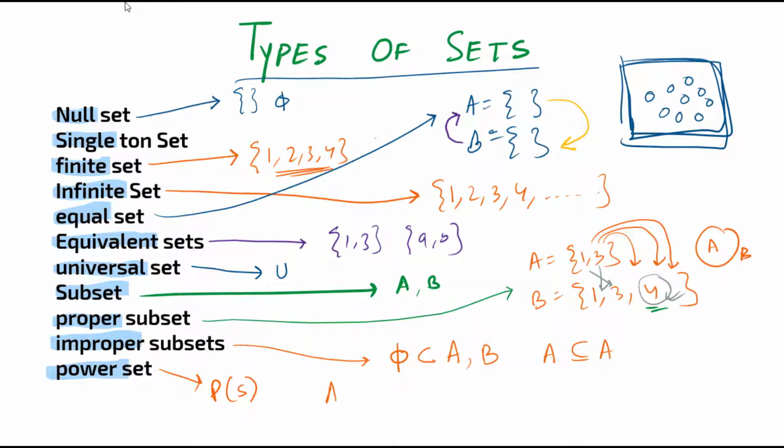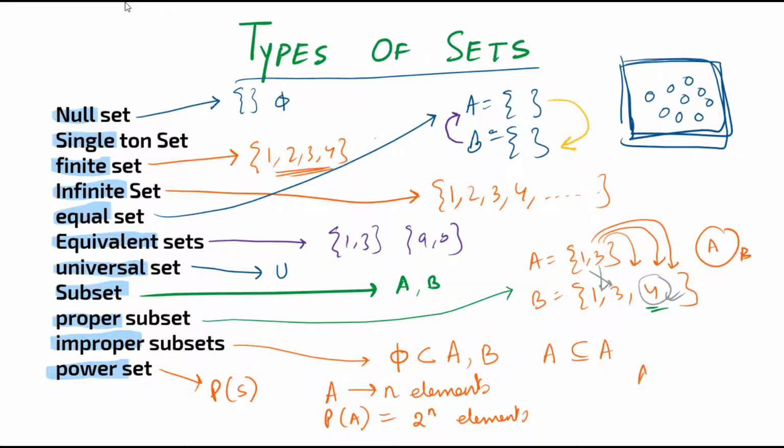For example, let's say if A has n elements, right, then P of A will have 2 power n elements. You can easily calculate it.